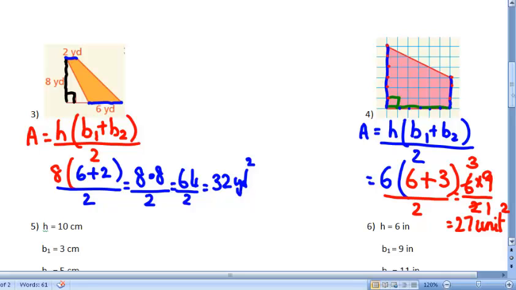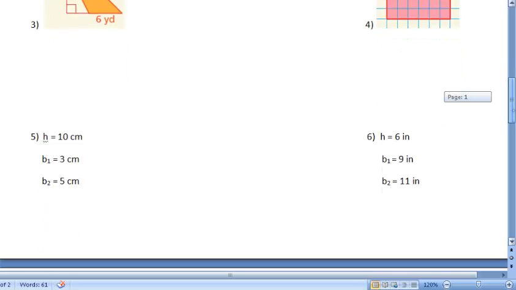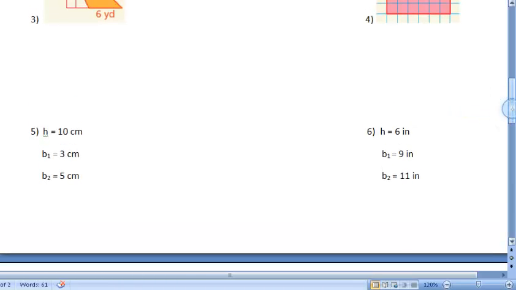Okay, let's move on to the last two questions. Now, in this case, they have made it really easy for you in the sense that they have given you which one is the height and which ones are the bases. All you have to do is go ahead and plug it into the formula.